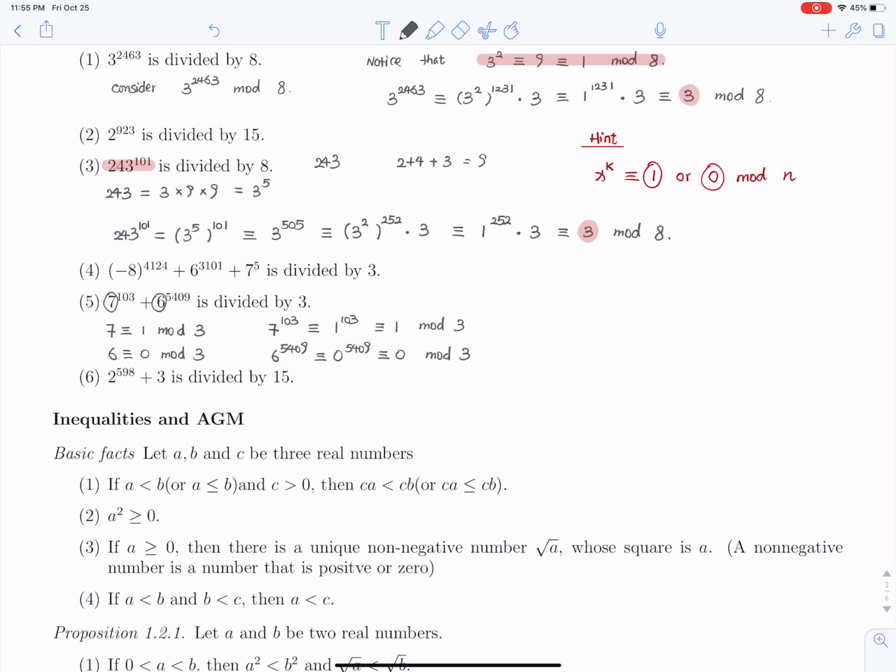Well, that makes our life so much easier. By those two, we know that this whole thing is congruent to 1 plus 0, which is 1 in mod 3. So we know that the remainder is 1.